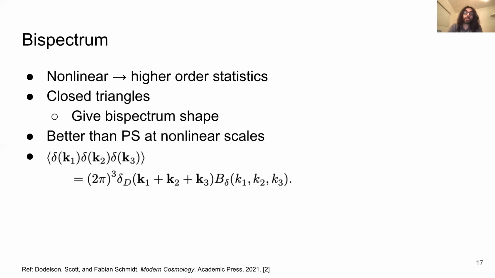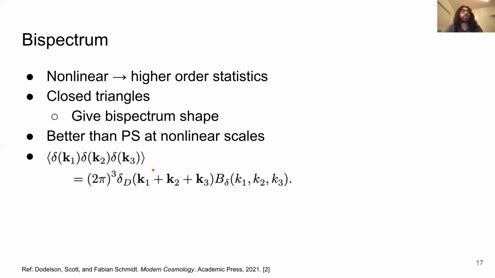And so the next statistic to look at is the 3-point correlation function and its Fourier transform, which is the bispectrum. And here we have that written out explicitly, completely analogously to the power spectrum. Here, multiplying these deltas in k-space and averaging them gives us the bispectrum, along with this delta function and the appropriate factors of 2 pi.